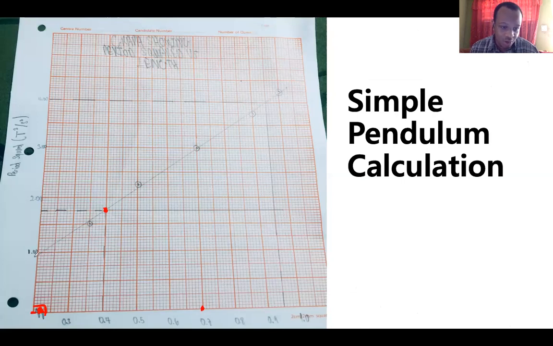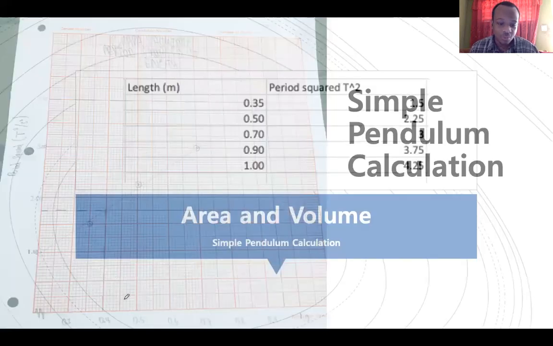In the middle of 1 and 2. So remember, it's more like an estimation. This is our first point. Let me go to the second point. The second point is 0.5 and 2.25. So 0.5 here on the x-axis.